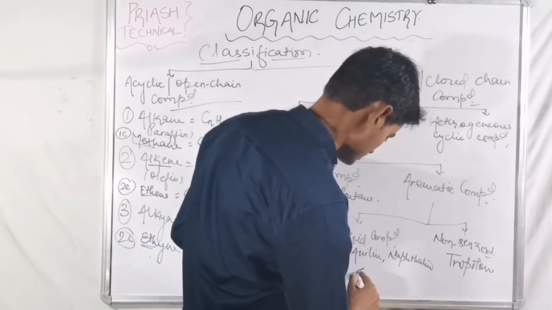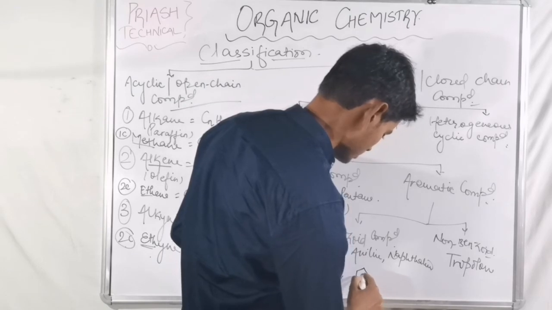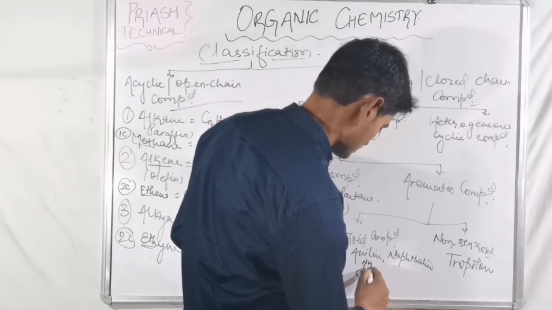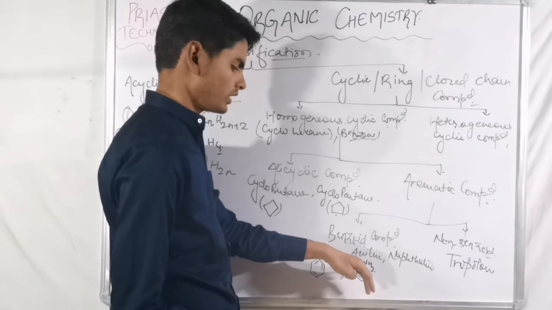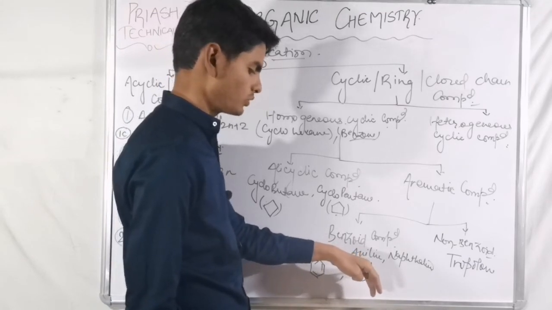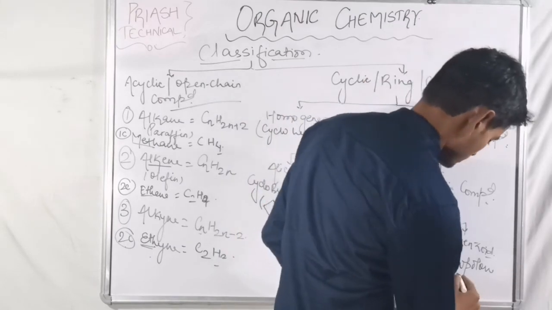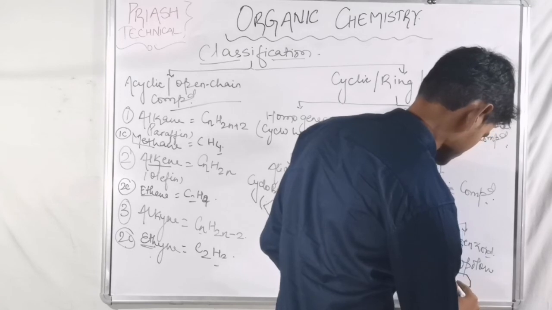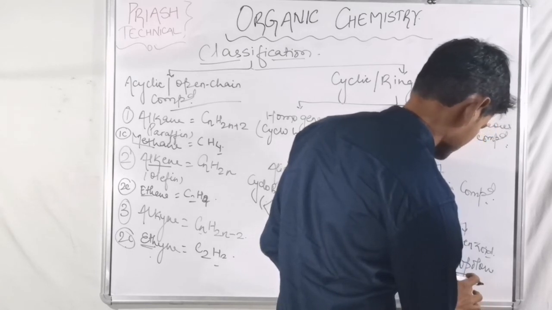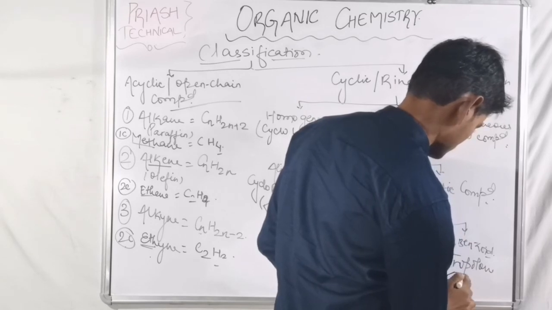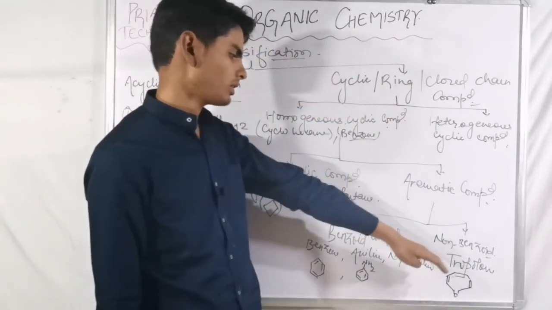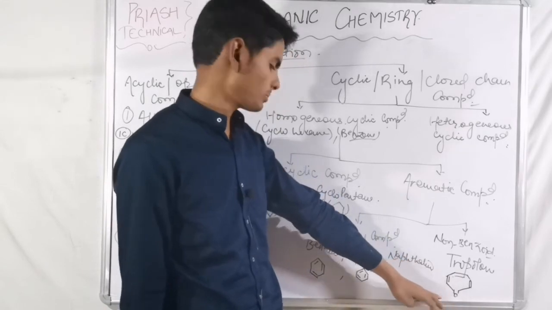Structure of aniline contains the functional group of amine. In place of one hydrogen we put NH2. Tropolone, in the further video we will discuss why tropolone is not part of the benzene group.